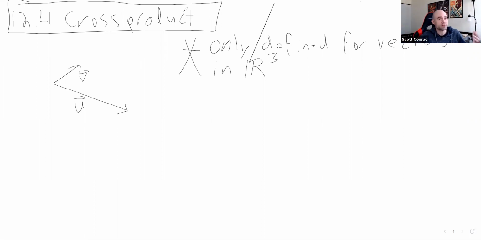But suppose we have two vectors in R3, right? So think of those two vectors as lying parallel to a desk, and you want to find a third vector which is orthogonal to both. We're going to call that guy u cross v, the cross product of u and v. This vector is going to be orthogonal to u, and it's also going to be orthogonal to v.